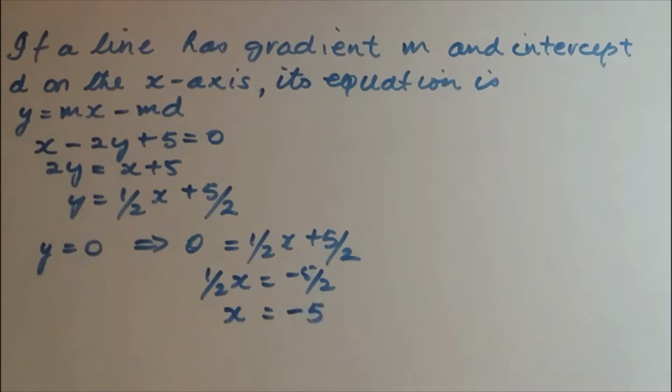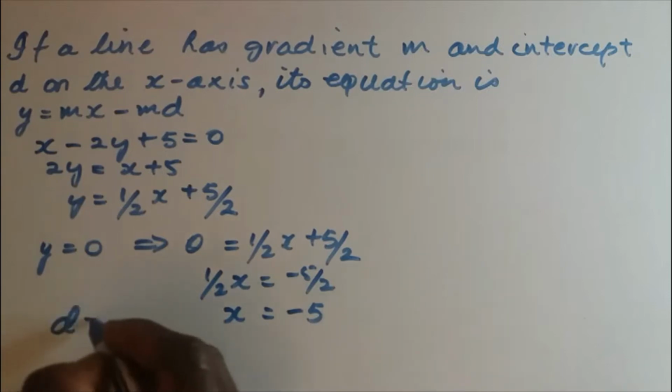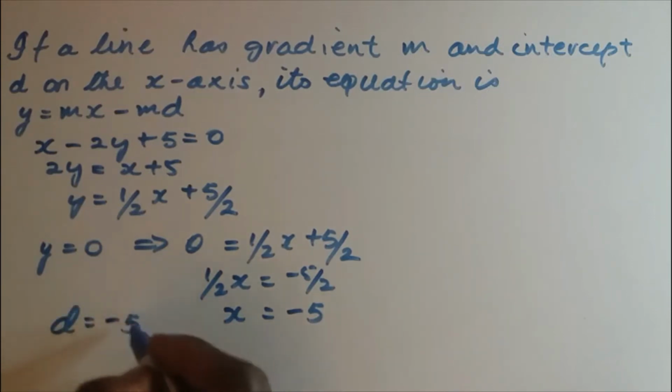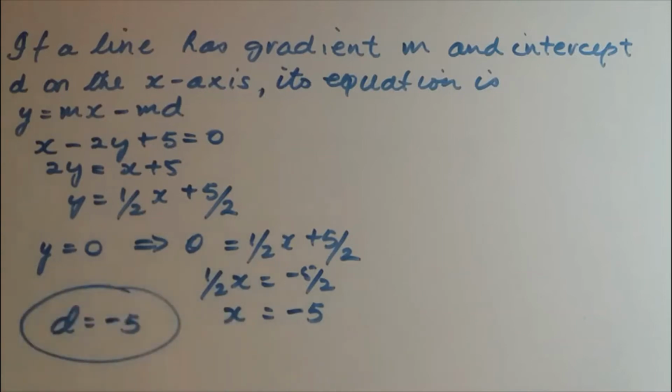So in this statement the intercept on the x-axis is d, so d is equal to minus 5. This is what we're going to use along with the gradient. Let's check our statement.